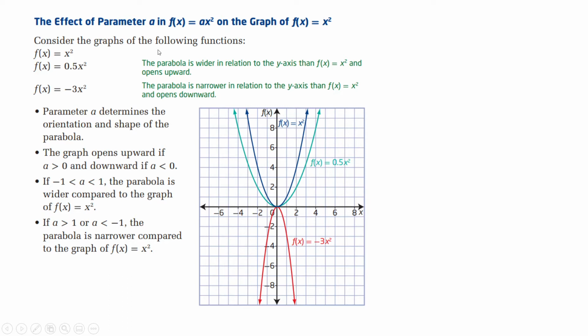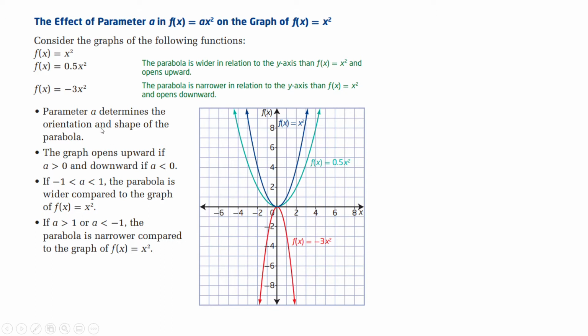So for example, if we multiply x squared by a value a, when a is 0.5, we can see the graph becomes wider. And when we multiply by -3, the graph becomes a reflection and becomes narrower.